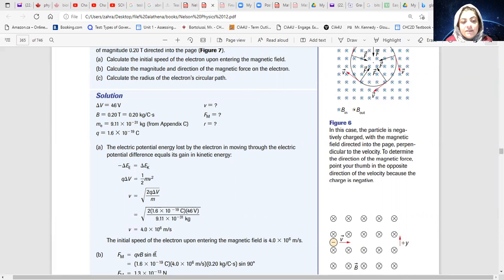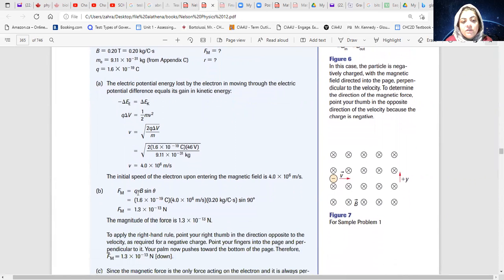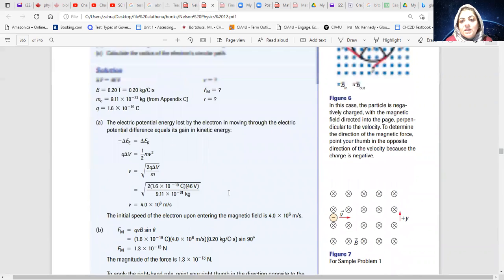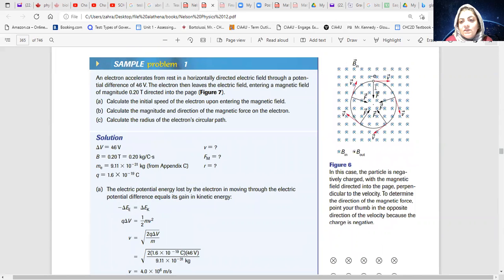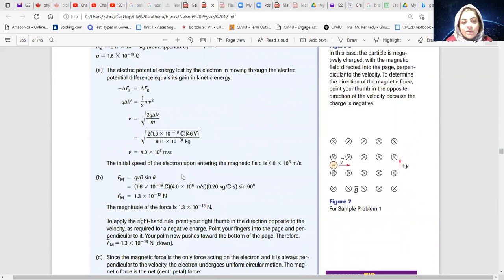You know the equation of that. You just got the velocity from the previous step, Q, we know the B magnetic field, we know sine theta. Theta is the angle between the velocity and the magnetic field. They are always perpendicular, right? One is on the page and this is into the page. Always 90 degrees. So this force will be 1.3 times 10 power negative 13.